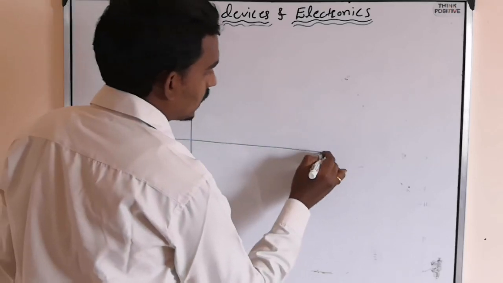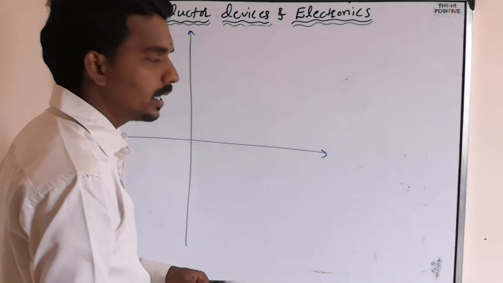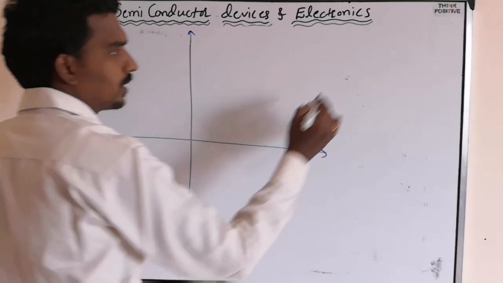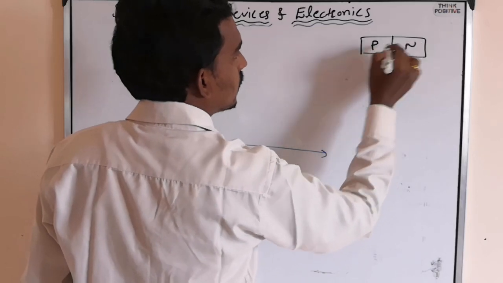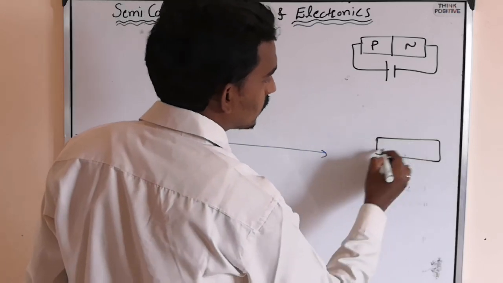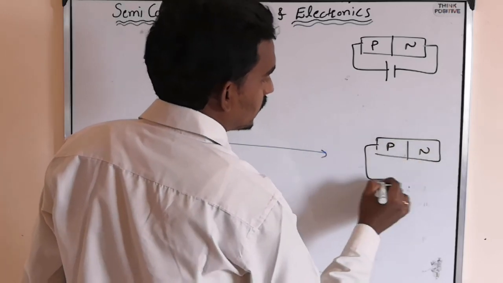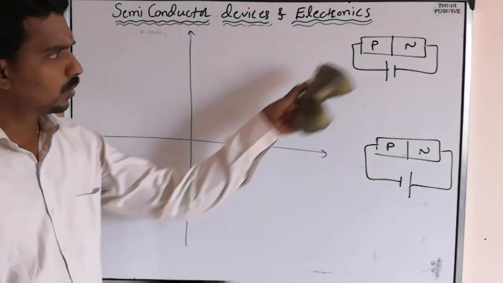The graphical understanding, or you can say the characteristics of the PN junction diode. First, the PN junction diode connected in forward mode and the other one connected in reverse mode.